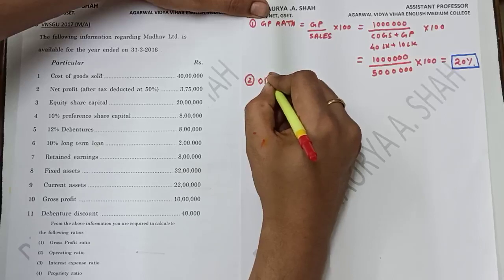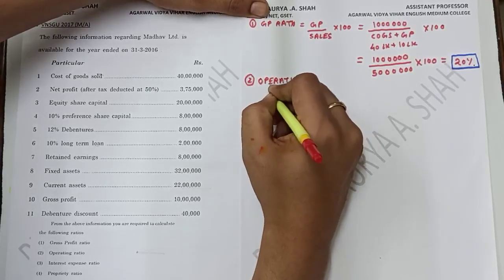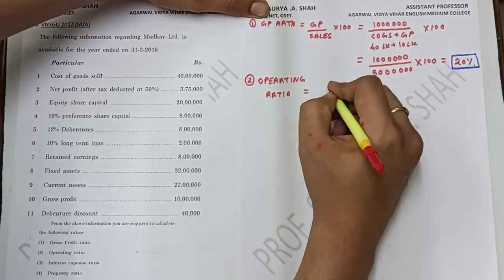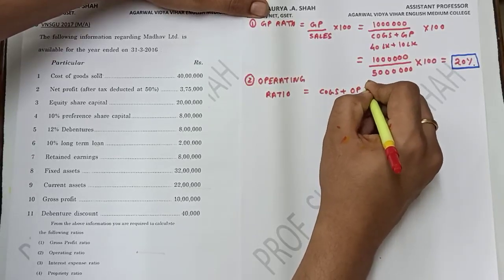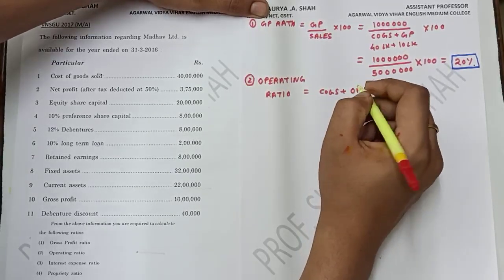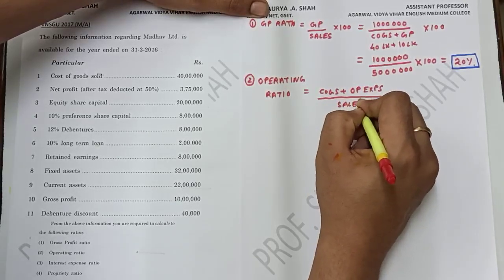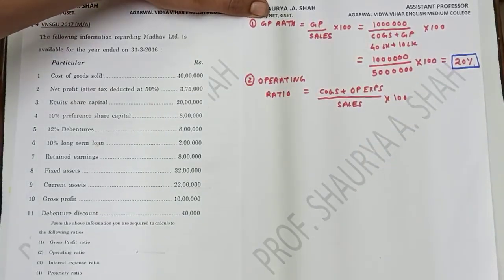Operating ratio is equal to cost of goods sold plus operating expenses upon sales into 100. Is it clear?